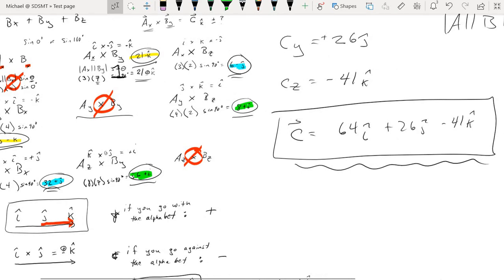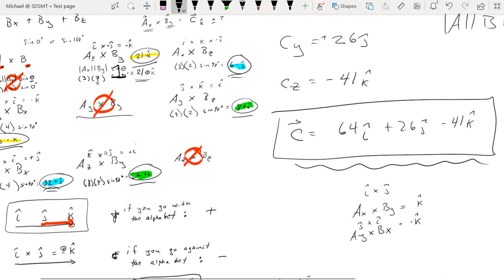If we go back and look at the pattern of things that have occurred here, we had AX cross BY, which resulted in a K hat, and we had an AY cross BX, J hat cross I hat, that resulted in a negative K hat.